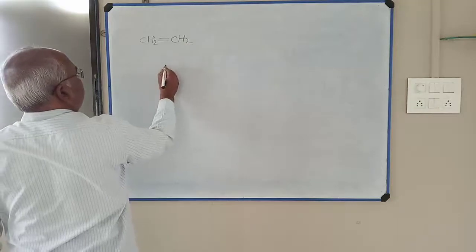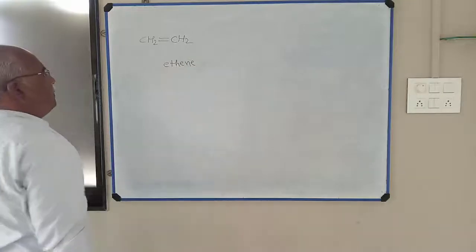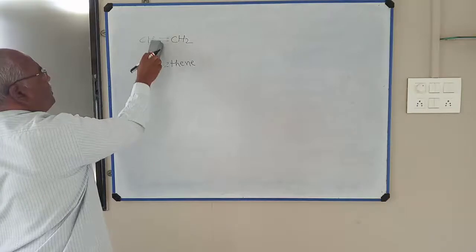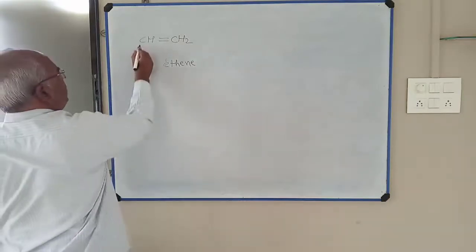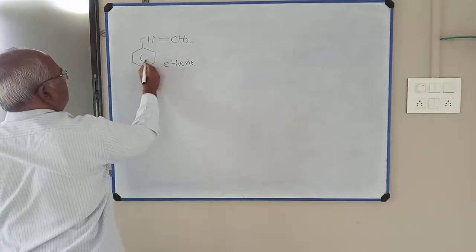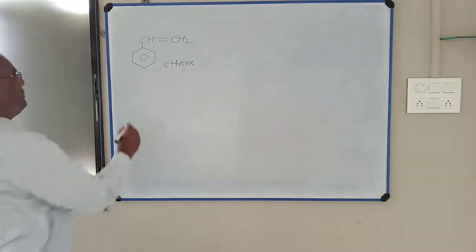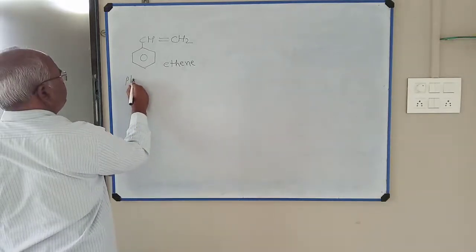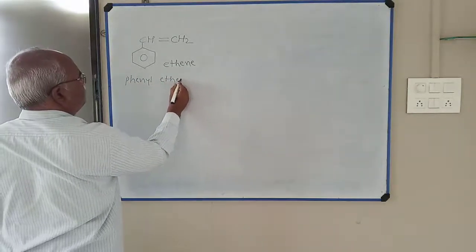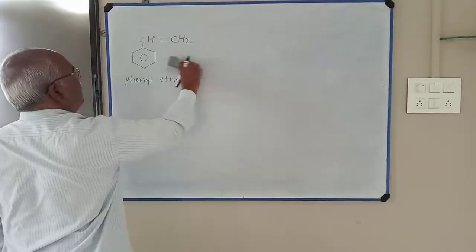This compound is ethene. Remove one hydrogen from this carbon and replace it by phenyl group. The name of the compound is phenylethene. This is the example of alkene.